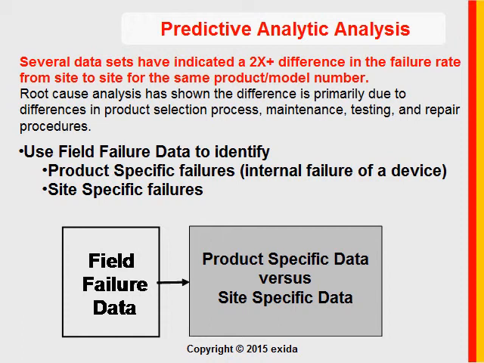Was it an internal failure, or was it caused by a weakness in the product selection process? They were picking equipment with bad materials, they were maintaining them wrong, they were testing them wrong, or they were repairing them wrong. And this is really a benefit of data collection, because you can actually identify site-specific causes and fix them. So what am I saying? You can actually reduce the failure rate by doing root cause analysis, and that's especially valuable once you have a validated data collection process.